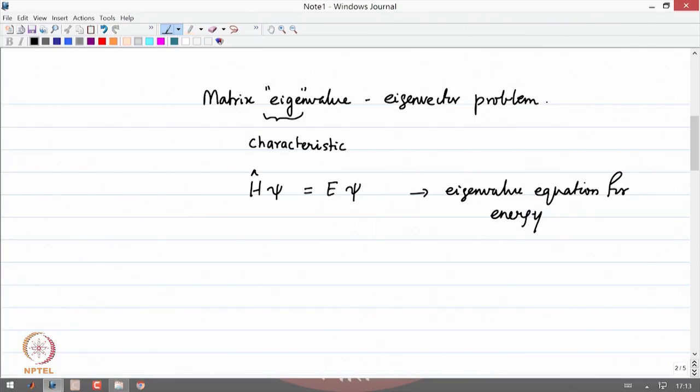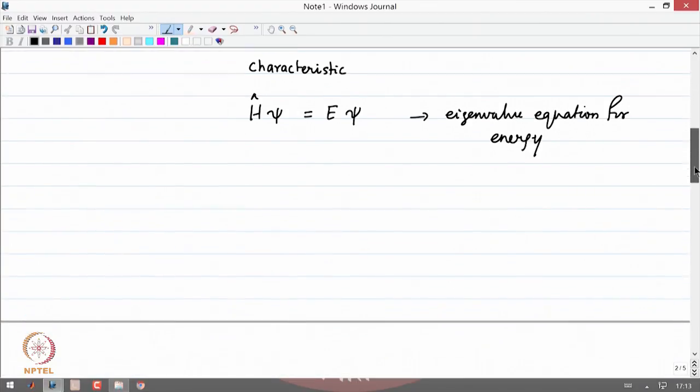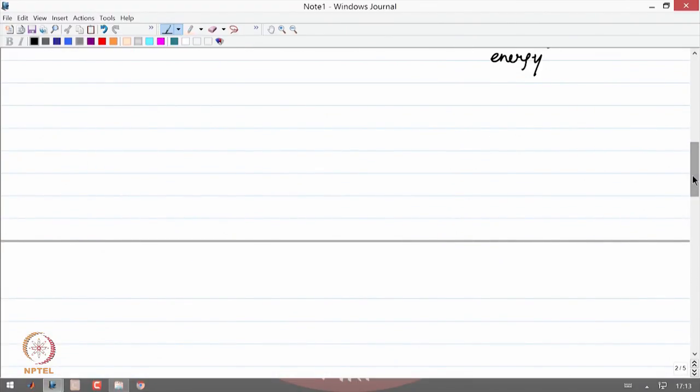Before we do this, let me recall a system of linear equations with an elementary example.